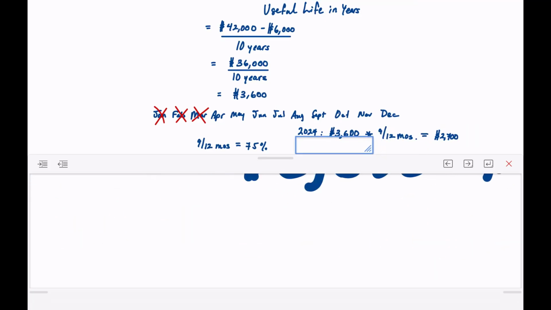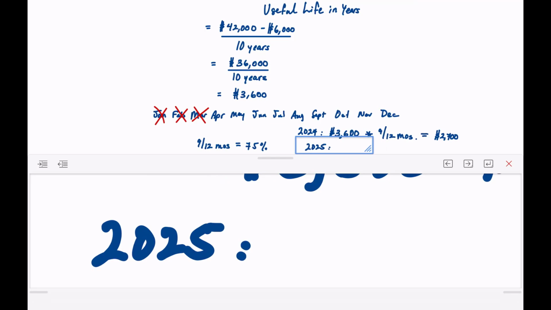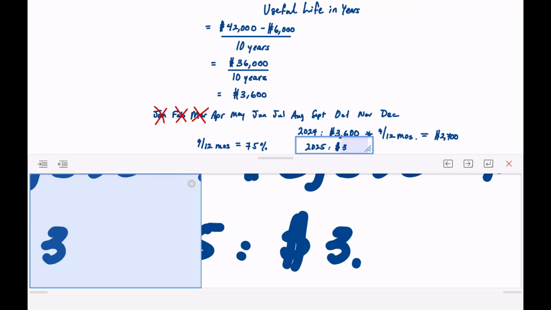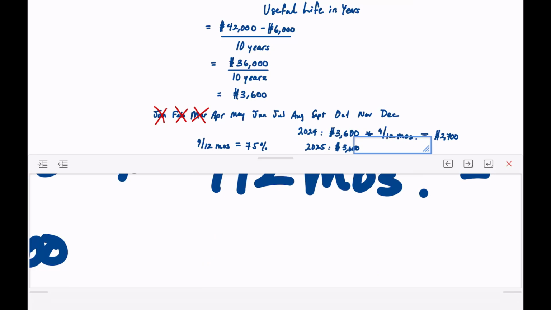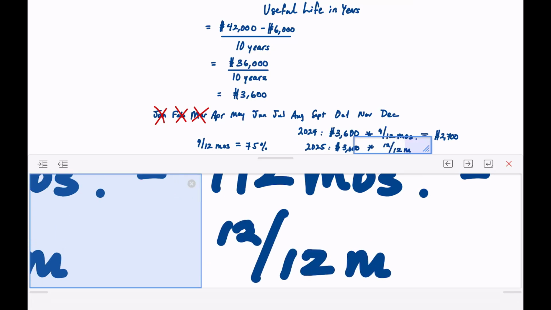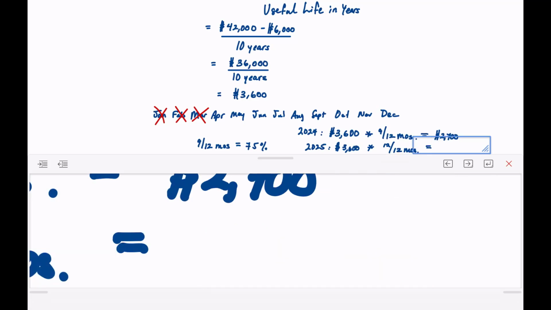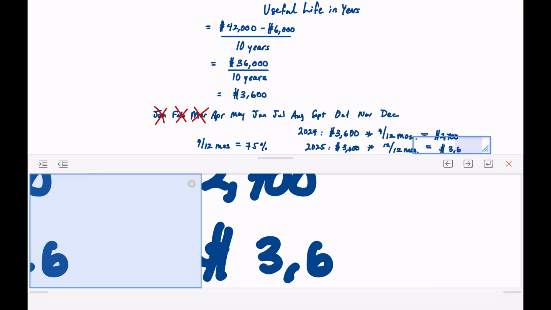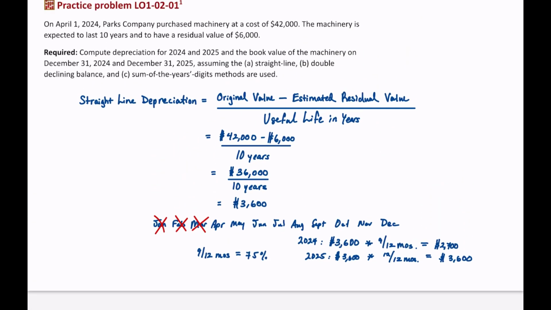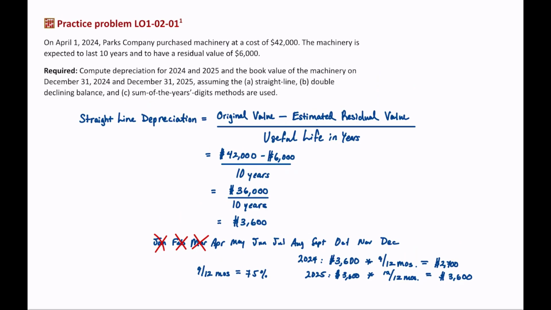And then in 2025, we had the asset for the entire period. And so if we want to be consistent, we could say 3,600 times 12/12 months, or $3,600. Okay. So there are our numbers.